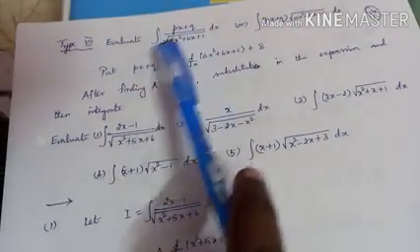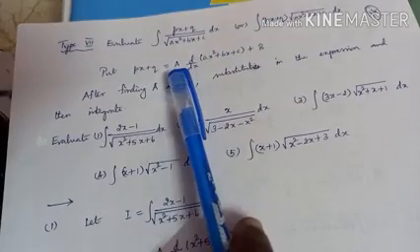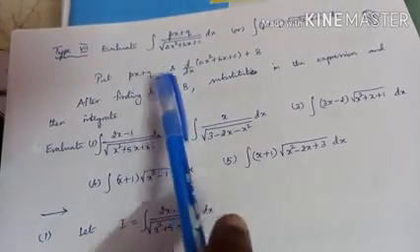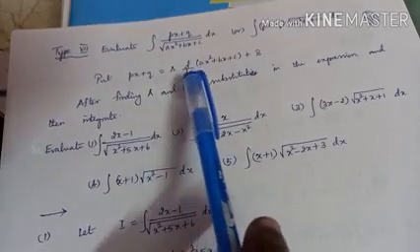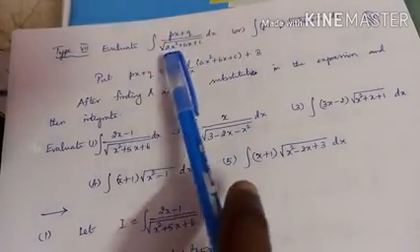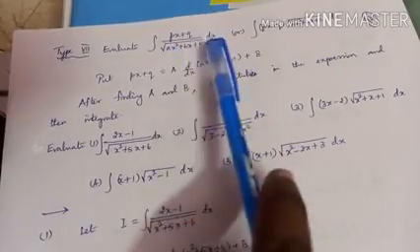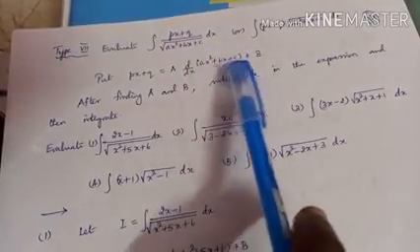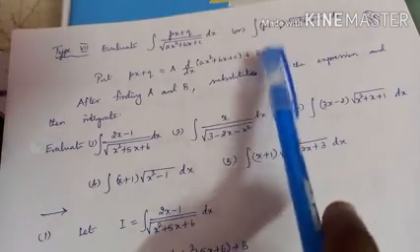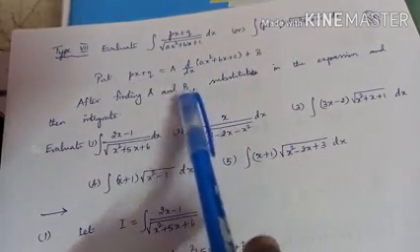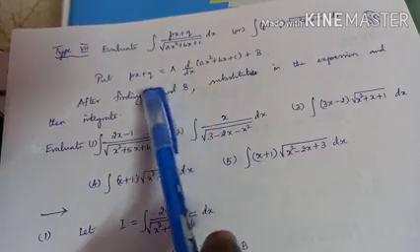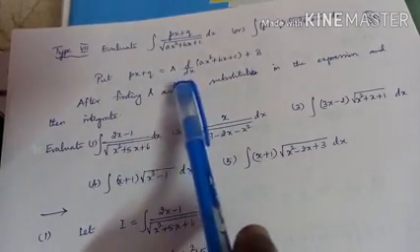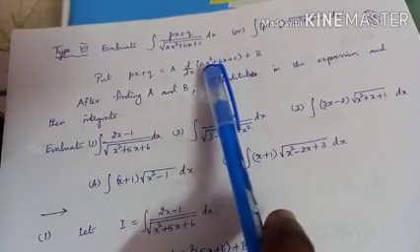Okay. So px plus q equals, we have a rule here: px plus q equals A into d by dx of this second degree polynomial in the denominator plus B. A and B are constants for which we can find the values. After finding A and B, substitute them here. Okay.